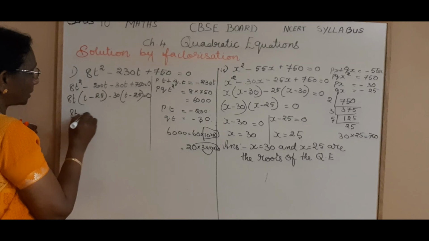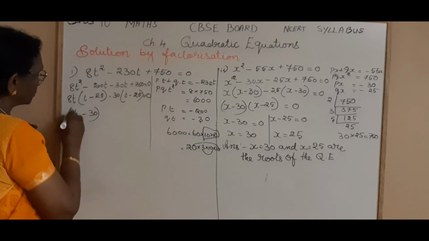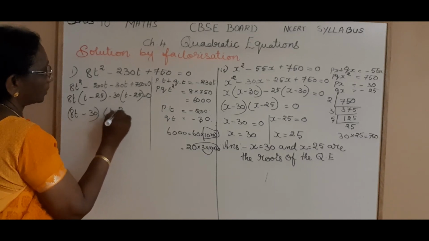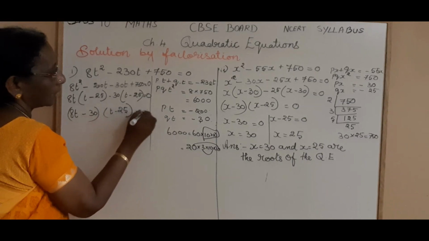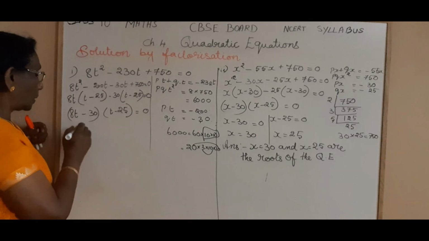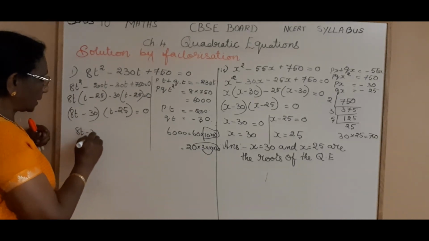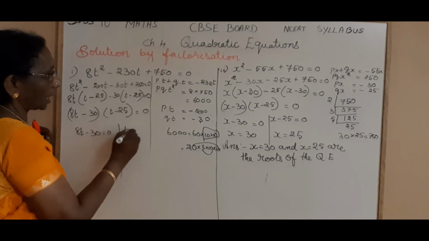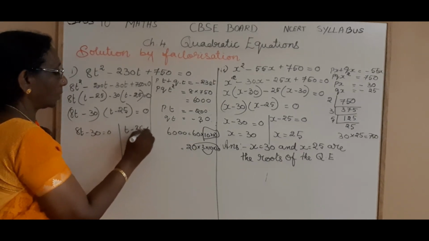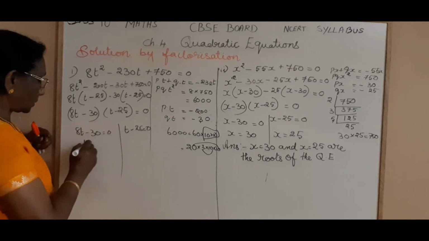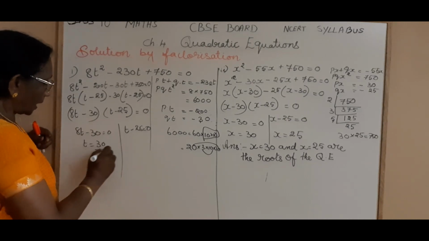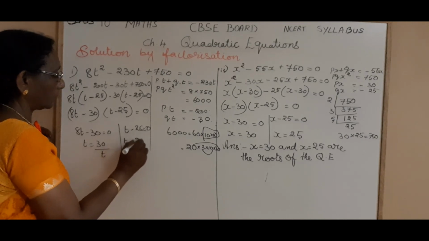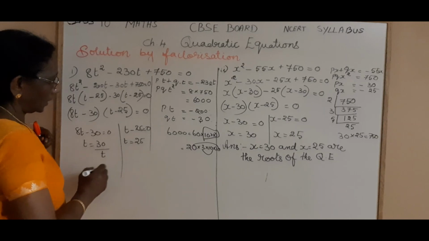So 8t minus 30 into t minus 25 equals 0. So 8t minus 30 equal to 0, t minus 25 equals 0. So t is equal to 30 by 8, or t is equal to 25. Okay.